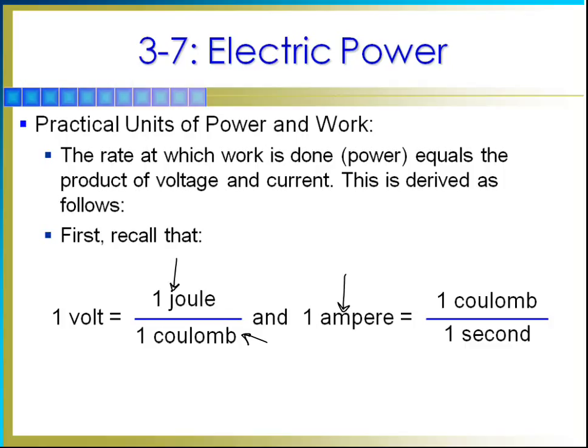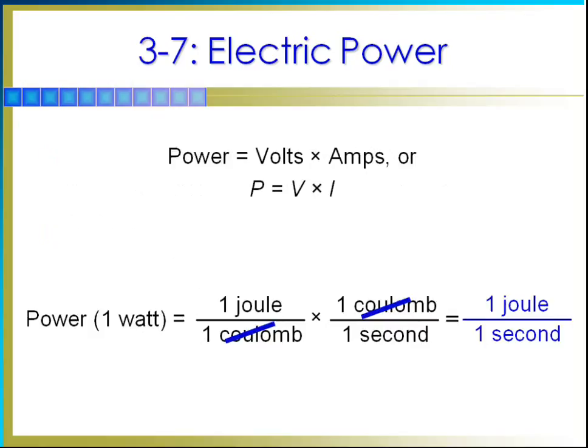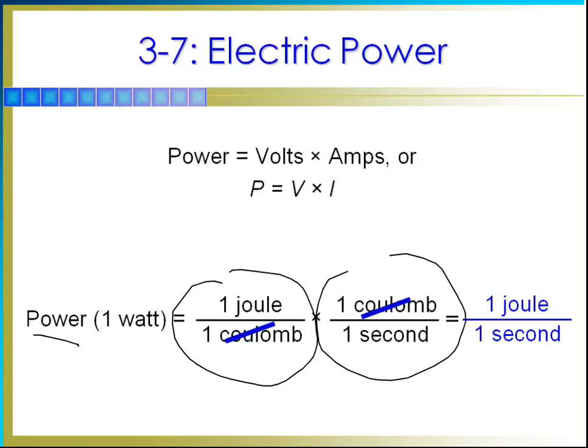And the amp is the time rate of flow of charge, 1 coulomb of charge past a given point in 1 second. So power equaling voltage times current, the charge cancels and you end up with work over time.